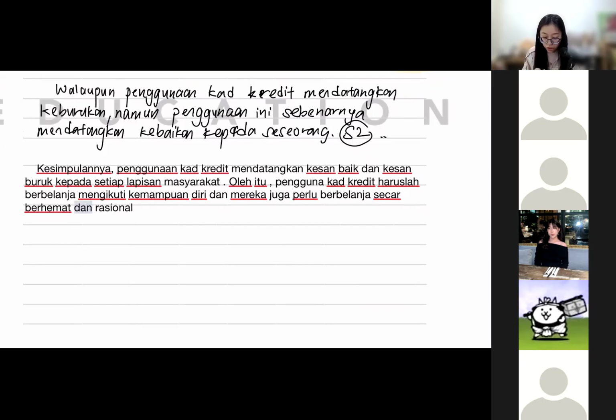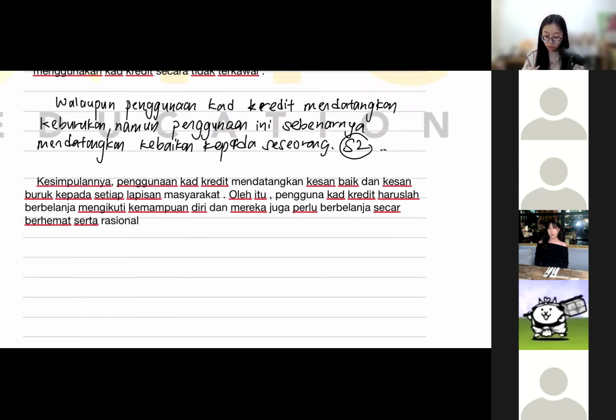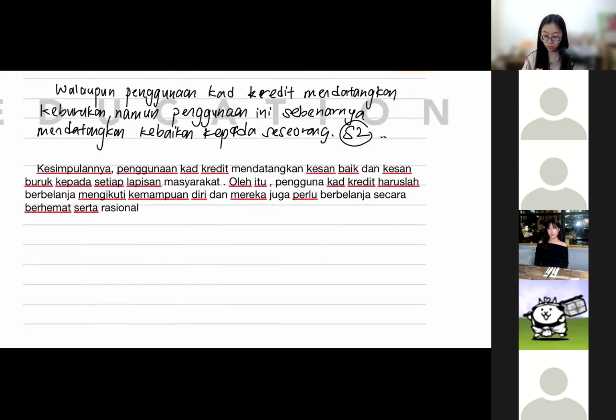This one the dan change it to serta because there's two dan. I cannot put two dan in one sentence. Secara rasional. Agar tidak terjerumus, will not fall into, dalam perangkap hutang.